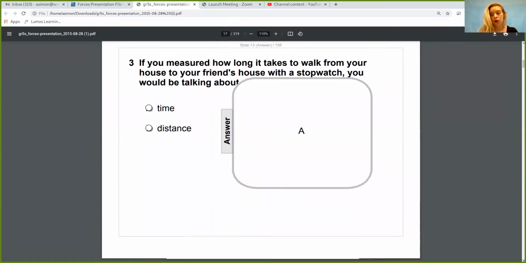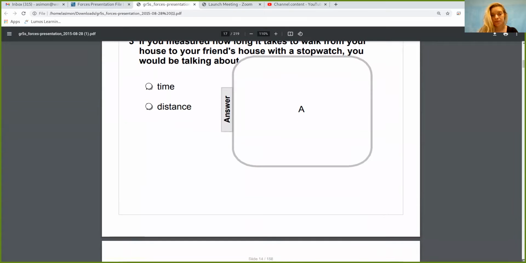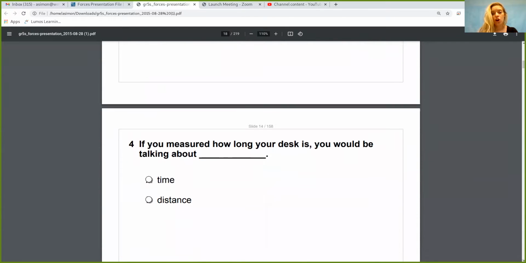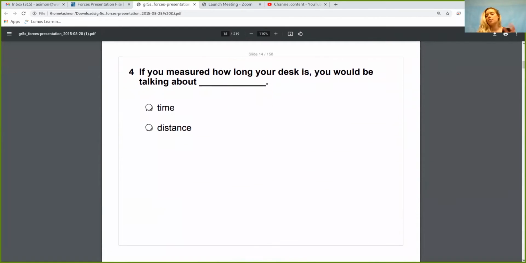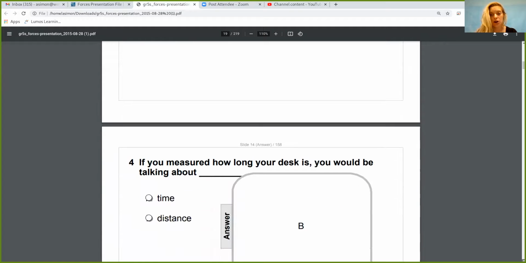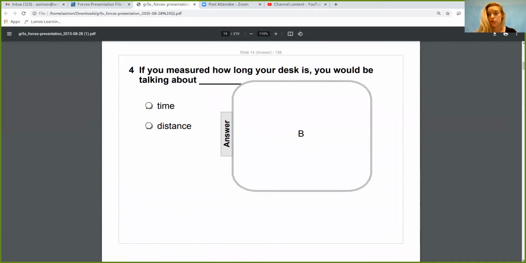If you said time, you are correct. If you measured how long your desk is, are you going to be talking about time or distance? If you said distance, you are correct. You're going to need a ruler or a meter stick to measure that. So how long it is, that's distance.